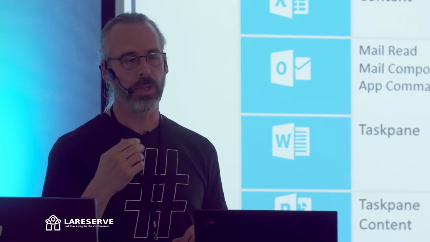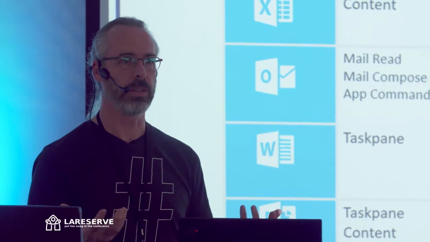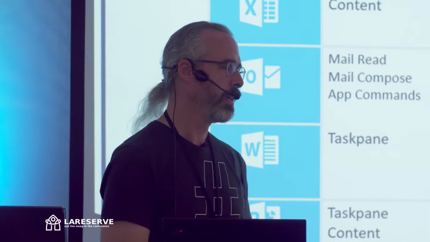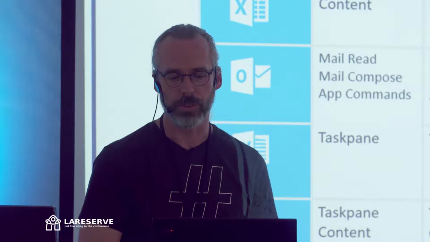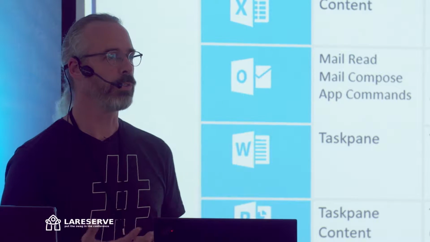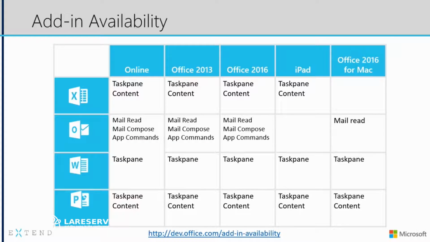So once you have an idea and you're thinking of all these creative things and all this great extension you can do to the Office applications to bring value to your users, one thing you'll want to do first is take a look at the add-in availability page. This is a matrix, and actually I'll bring this up right now.